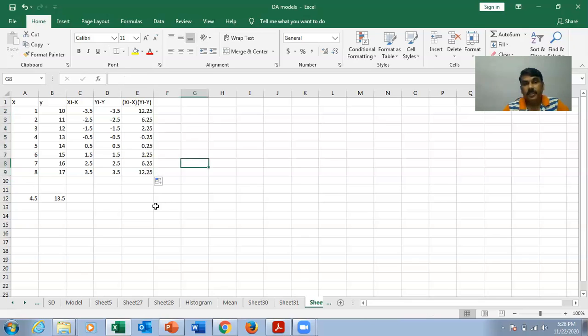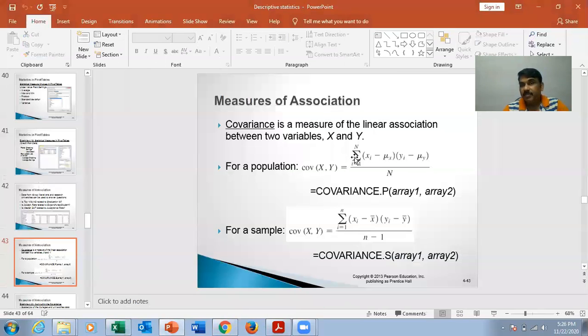Now what is the major thing that we require in this formula? We require the summation of xi minus mu for a population, or xi minus x bar for a sample, times yi minus y bar.